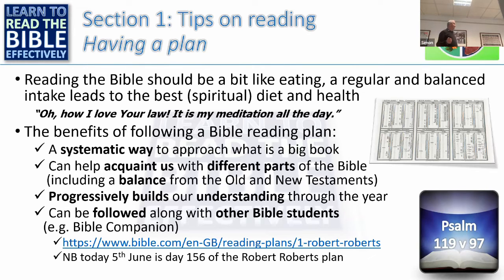Start from that day 156, and you would get to the end of the year, and you'd finish with the end of the Old Testament and the end of Revelation at the same time. And then January the 1st, you start again in Genesis and the beginning of Psalms and the beginning of the New Testament. It's a good way to read together.